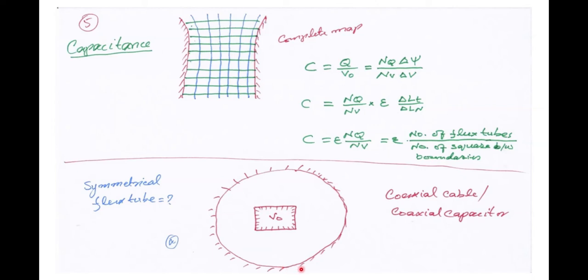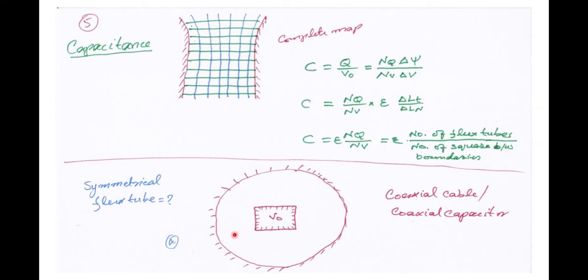So we are in position to apply the curvilinear square map method to this structure. That is, how to apply the curvilinear square map method in between the inner conductor and outer conductor of this structure to define the capacitance of this coaxial cable, coaxial capacitor.